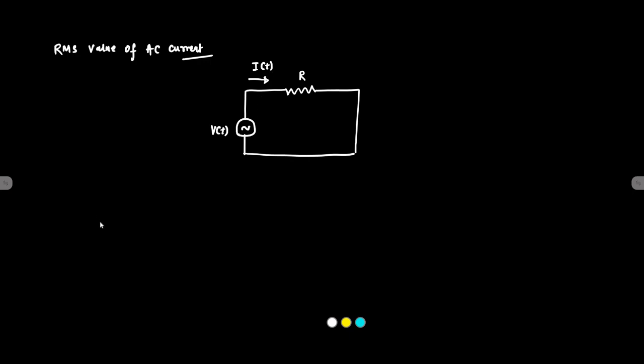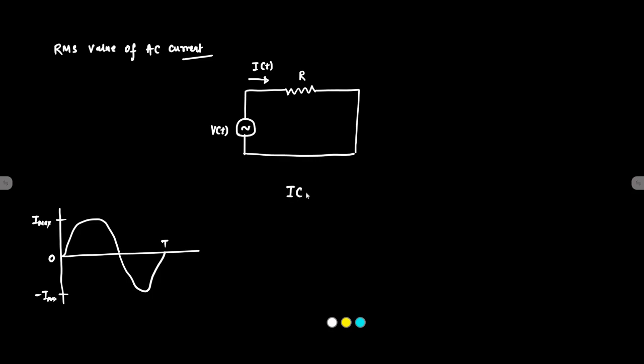Let us say this is the alternating current, 0 to t the full cycle, Imax to minus Imax, and the instantaneous value is expressed as IT is equal to Imax sine omega t. This is the expression, the instantaneous value.